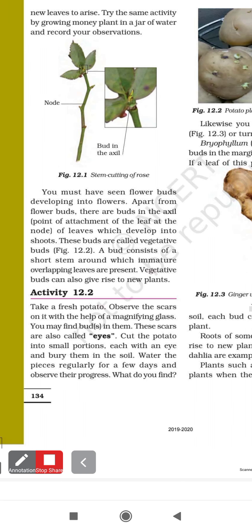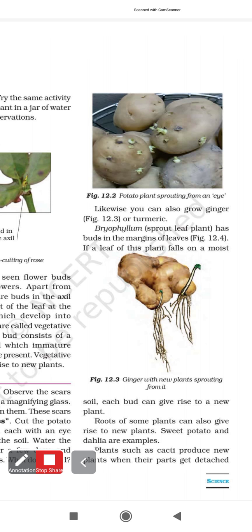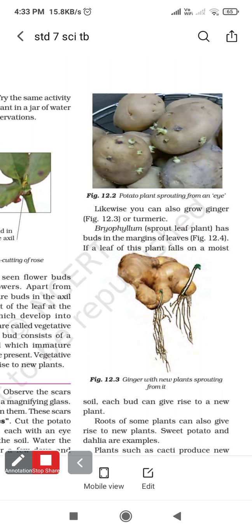Potato, if you observe in a microscope, it has a scar on it, or in a magnifying glass also you can see potato has an eye, right? Actually, if you keep the potato for many days at your place, you may have seen this type of potatoes. I think many of you have seen this. So these are the eyes of potato, right? And from this a new potato plant can grow.